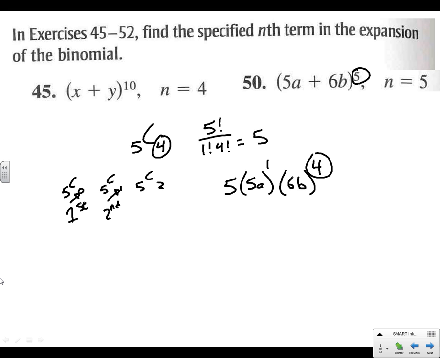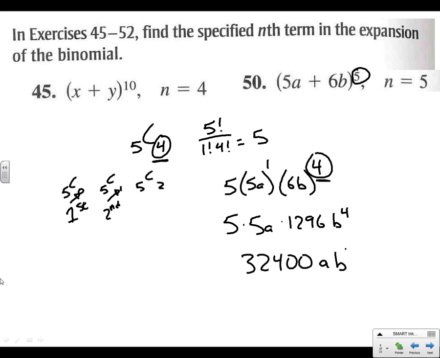We're almost to the end. The way you can always do it is just take whatever the number is here and plug it in here. So let's go ahead and expand this out. 5 times 5a times (6b) to the 4th. What is that? 6 times 6 times 6 times 6 is 1296, b to the 4th. And so 1296 times 5 times 5 is 32,400. ab to the 4th would be our term.